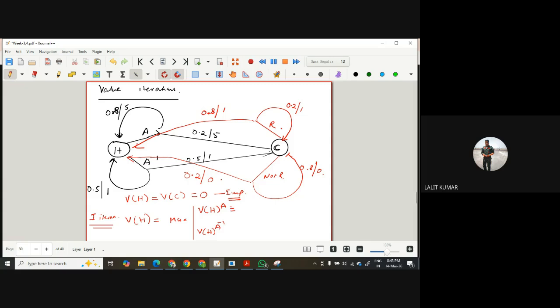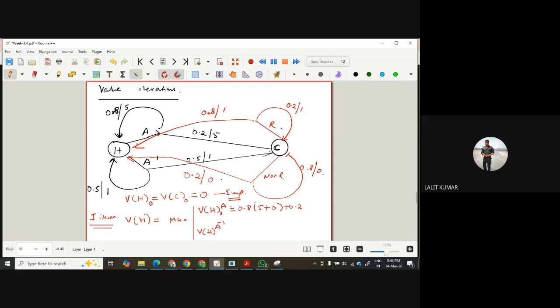Now, if the value of hot advertise is there: when I'm advertising, I'm getting 0.85 plus 0, because this is 1, and this is VH0, VC0. This is VH0, this becomes 0.